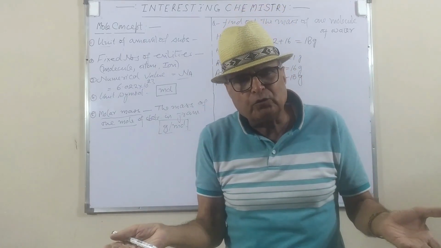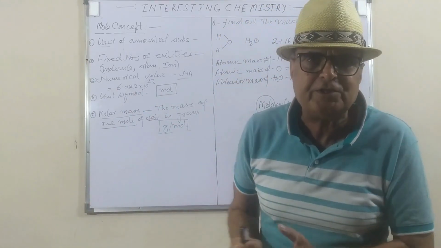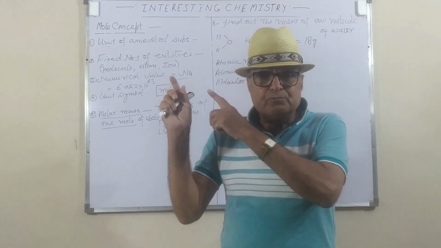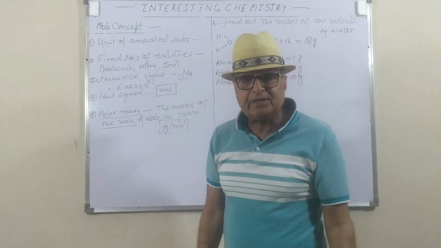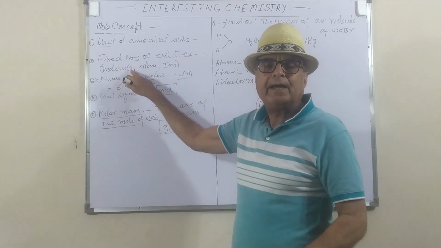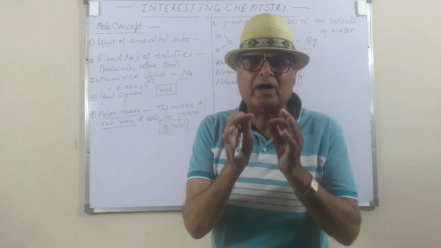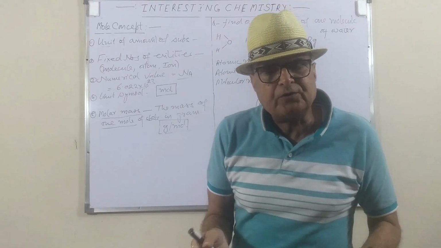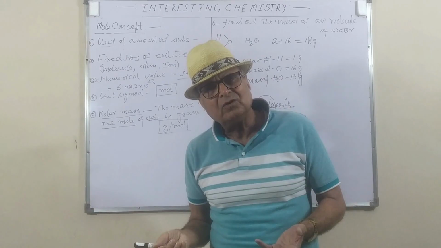So how will we show the amount of mass in mole? I will explain it in this video. Second thing, this mole has a fixed number of entities. These entities may be molecules, atoms or ions, or any other microparticles relating to chemistry. Now you are thinking that it has a fixed number of entities.